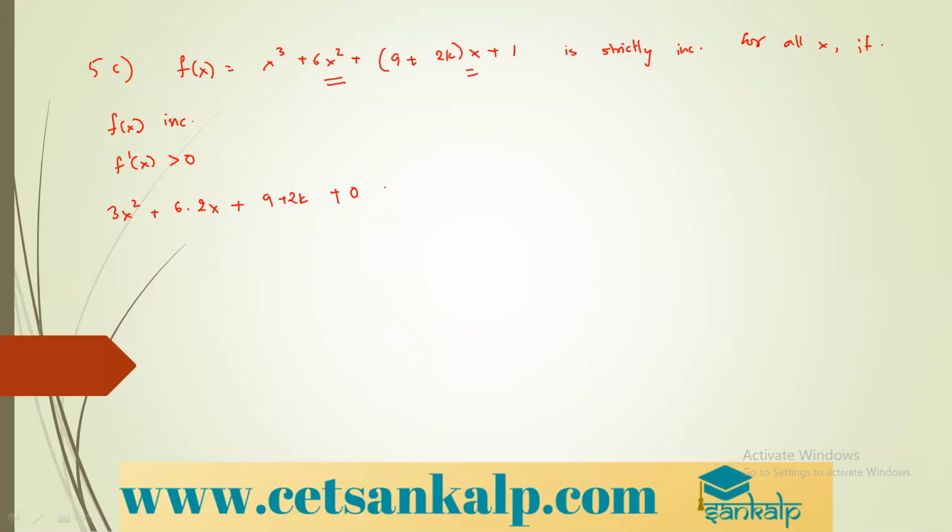So this has to be greater than 0, or 3x square plus 12x plus 9 plus 2k has to be greater than 0 for all x belonging to R. Already a, that is 3, is greater than 0. So b square minus 4ac has to be less than 0. B square 144 minus 4 times 3, 4 into 3, 12.